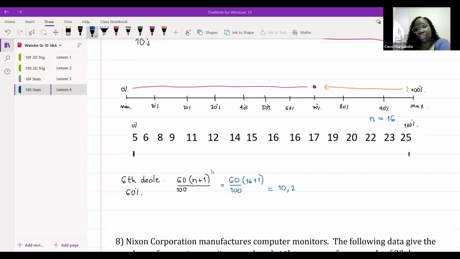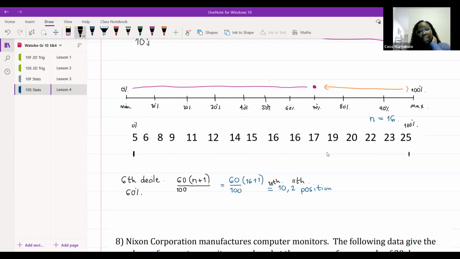So we're not going to go and look for the 10th position. We're going to go look for the number that falls in between the 10th position and the 11th position. So let's go and count. Find me the number that lies in between the 10th and the 11th term. Correct, Samuel.